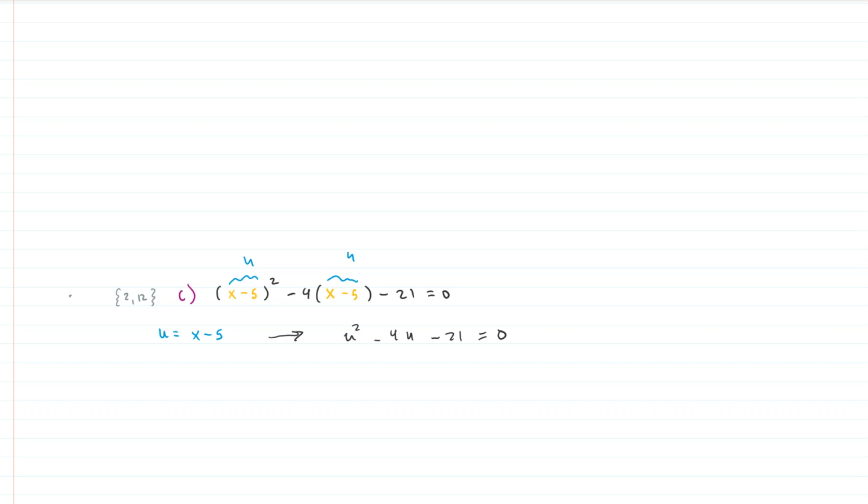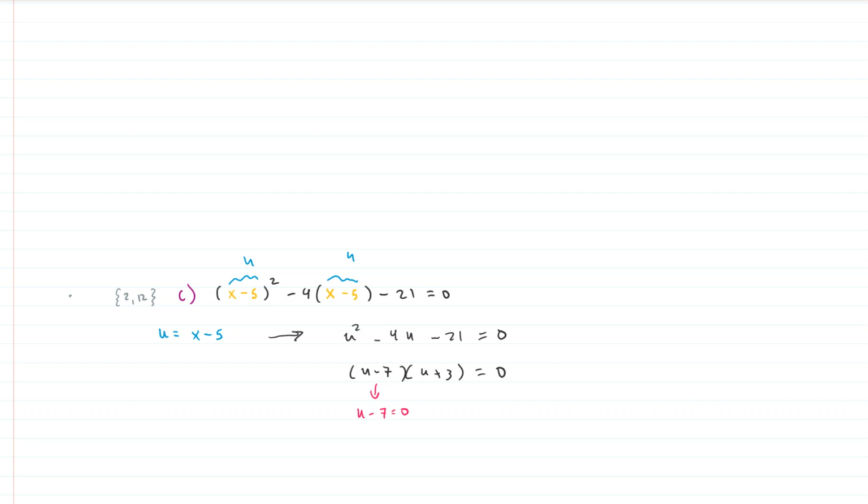And when we solve this, we can factor. We need factors of negative 21 that sum to negative 4. So let's try u minus 7 and u plus 3. We set the first term equal to 0, u minus 7 equals 0.